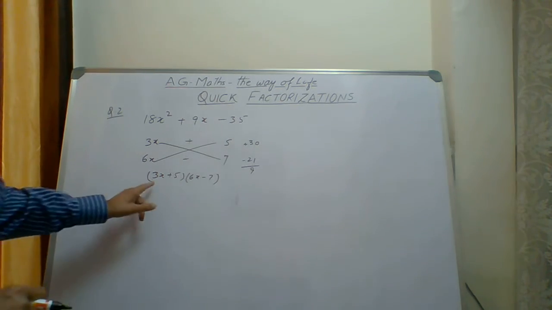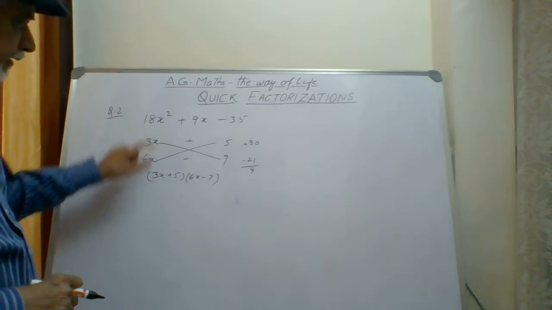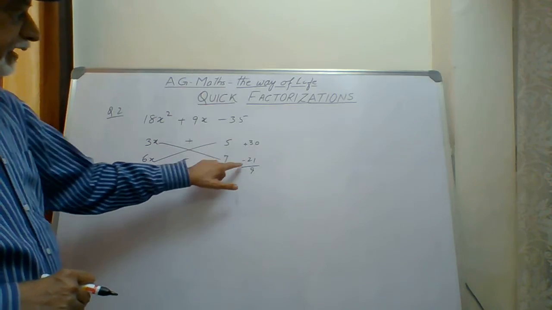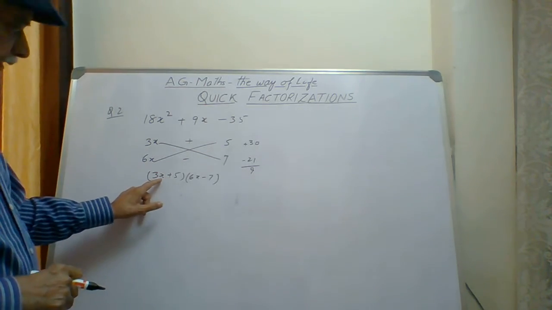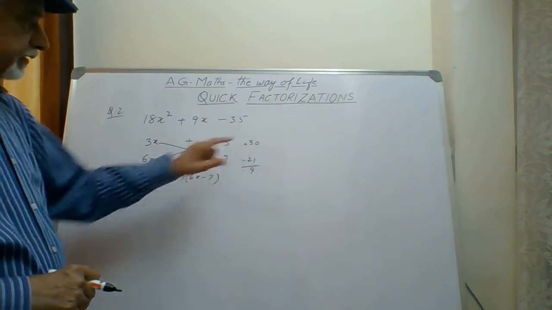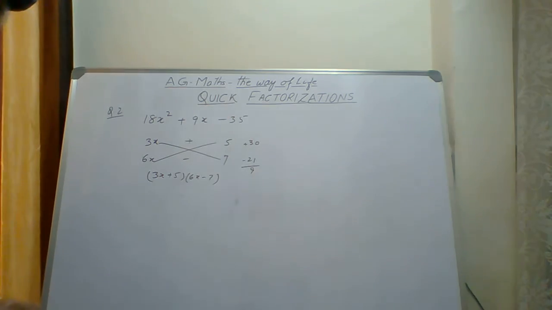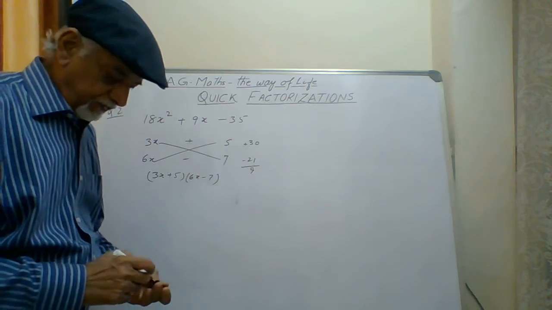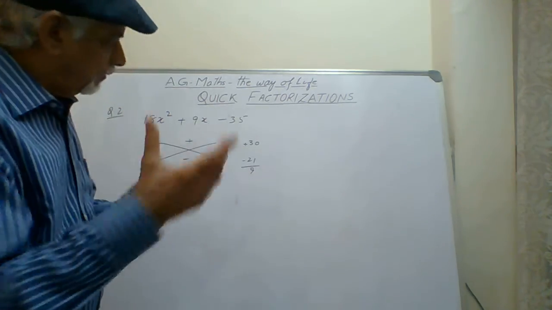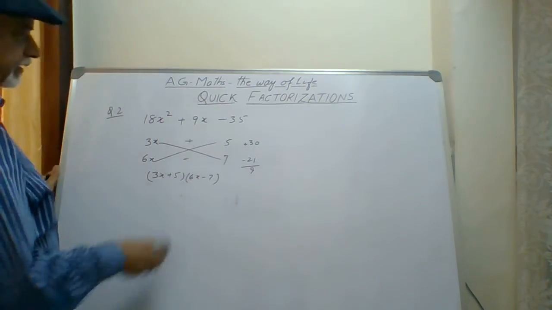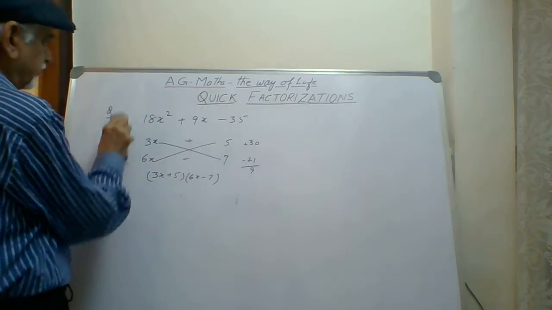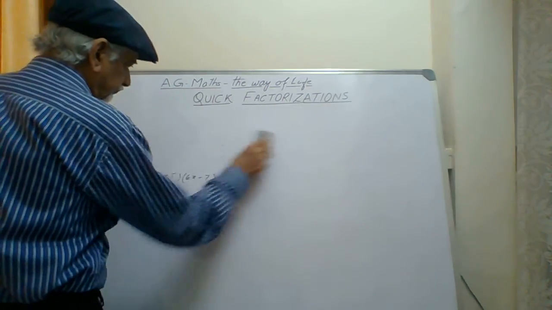See, 3x into 6x is 18x square, 3x times minus 7 is minus 21x, then 6x into 5 is plus 30x, and plus 5 and minus 7 is minus 35. Isn't it that easy? Instead of trying all those permutation combinations, let us try the third one.